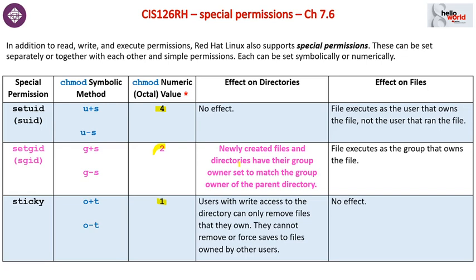So if the symbolic bit for the set UID is turned on, when the file is executed, this is for executable files, it will execute as the user owner. The set GID bit is one that we use very frequently.